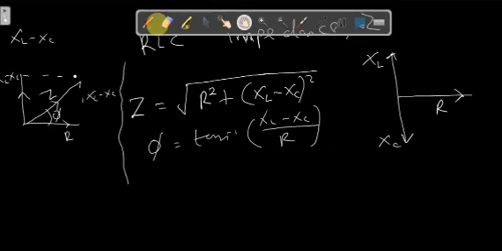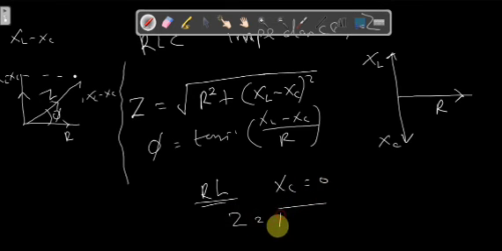Now, let's start with an RL circuit. For an RL series circuit, you know that XC is going to be equal to 0. So Z is going to be equal to the square root of R squared plus XL squared.